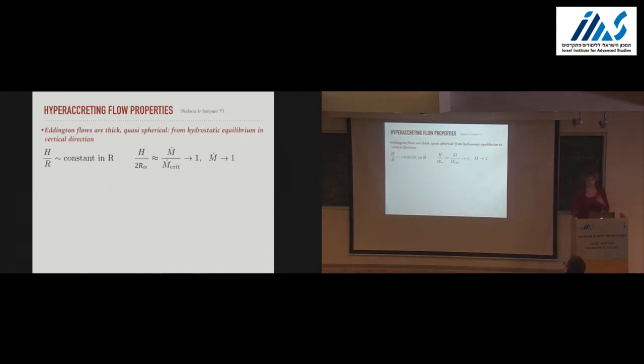So the first property of a hyperaccreting disk that accretes close to the critical value is that the aspect ratio is constant in R, and at the inner edge of the disk you can find that the aspect ratio is M dot over M crit. So as M dot gets close to M crit, this aspect ratio gets to 1. Okay, so hyperaccreting disks are thick.